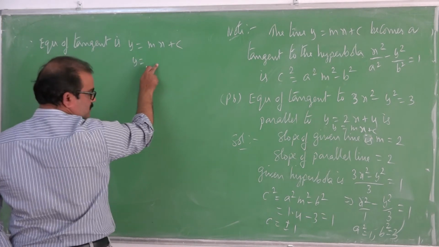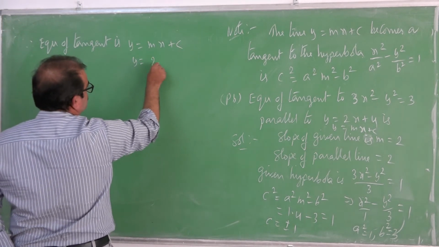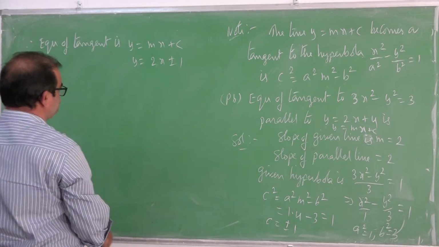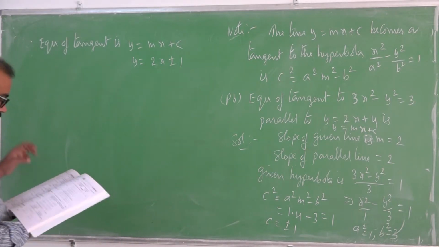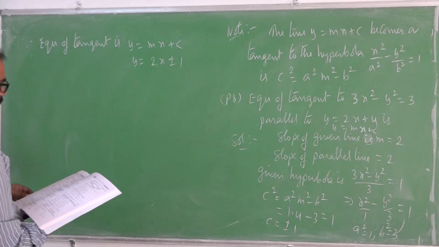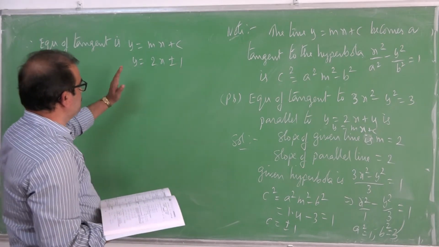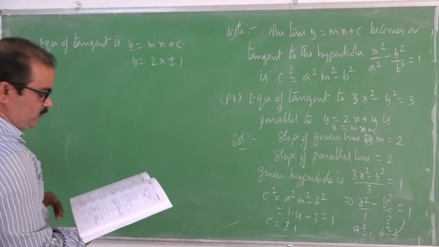Y is equal to m value is 2x plus c is plus or minus 1. There are two equations, y is equal to 2x plus 1 or y is equal to 2x minus 1.